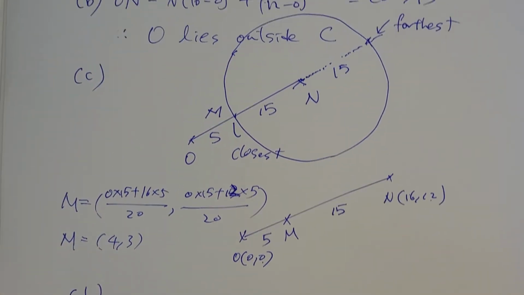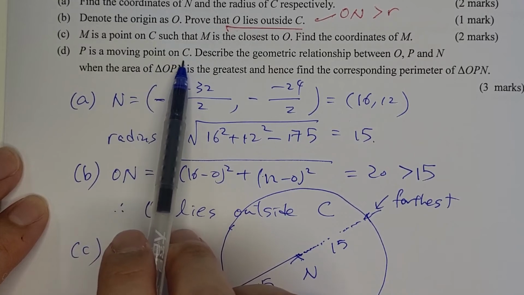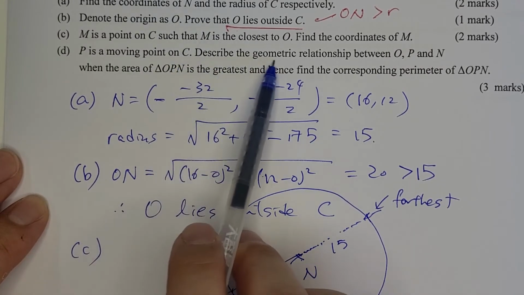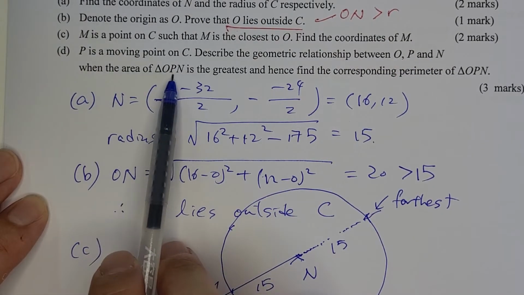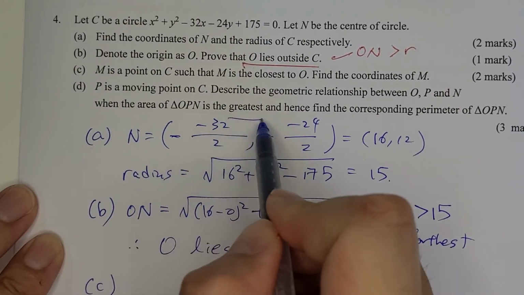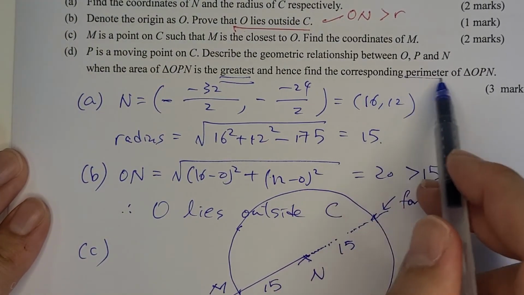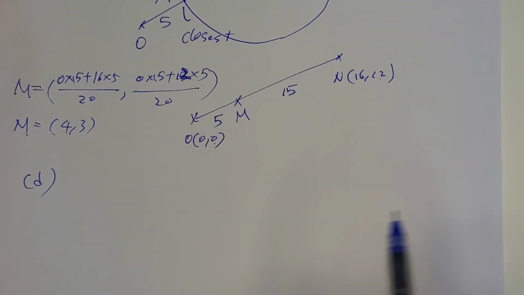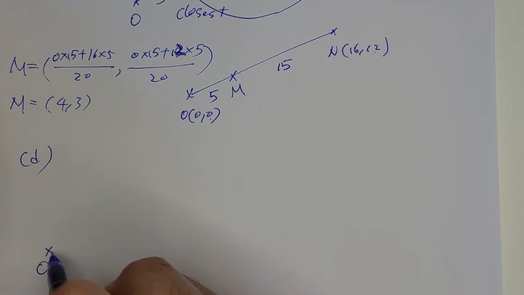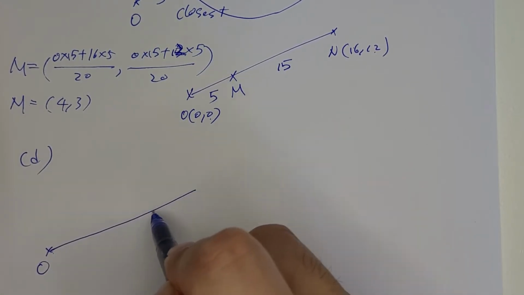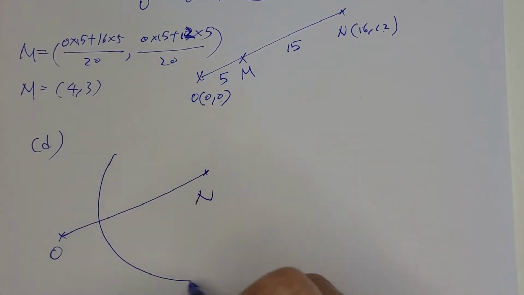And part D. P is a moving point on C. Describe the geometric relationship between O, P, and N when the area of this triangle is the greatest. Okay, key point, greatest. Hence, find the corresponding perimeter, not area, perimeter of this triangle. So let's draw the graph to explain this. Again, O, N, there's a circle, something like this.